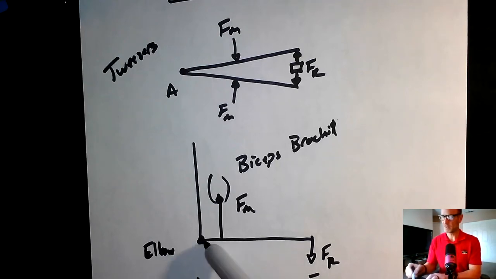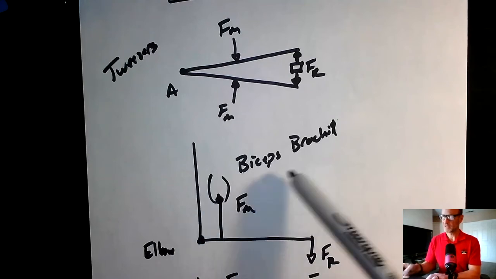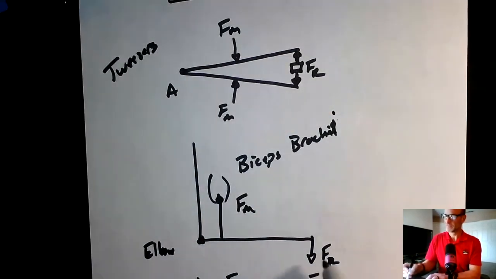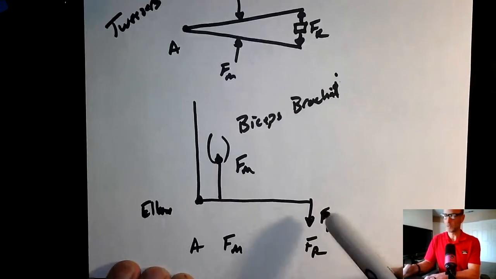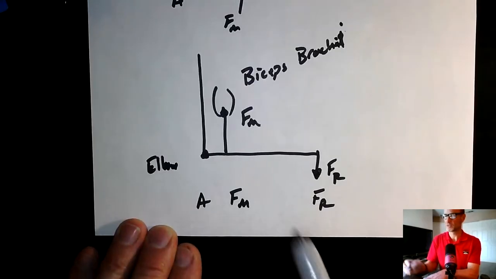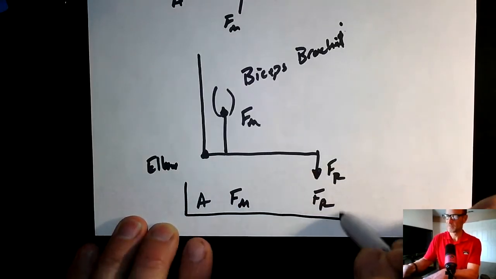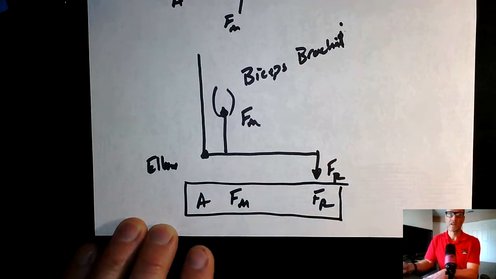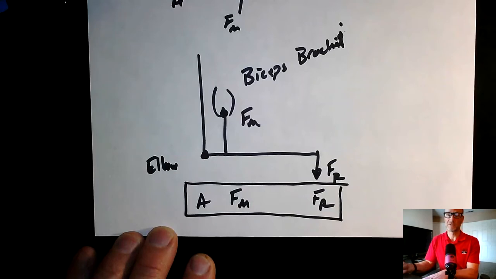So now I have elbow, motive force, biceps brachii, that's terrible spelling out here, brachii, that's two I's, and then the resistance force at the end, which would be the weight. So now I have that same setup of axis, motive force, resistance force, and that's a third-class lever. Lots of examples of third-class levers in the human body.